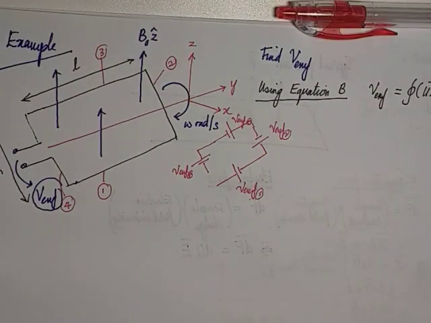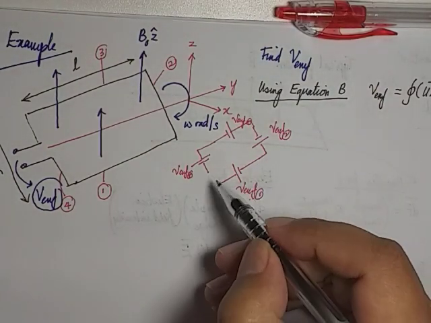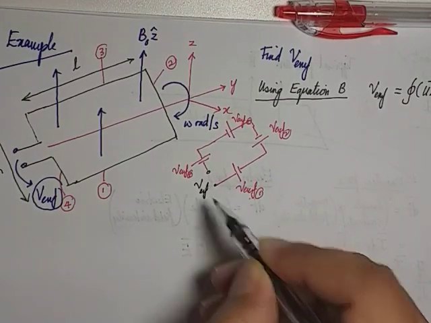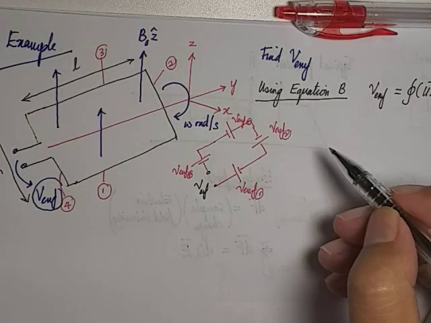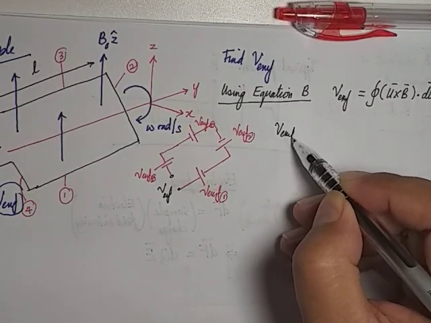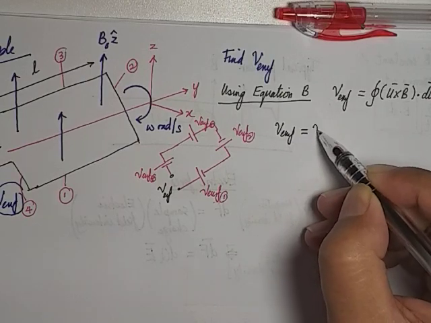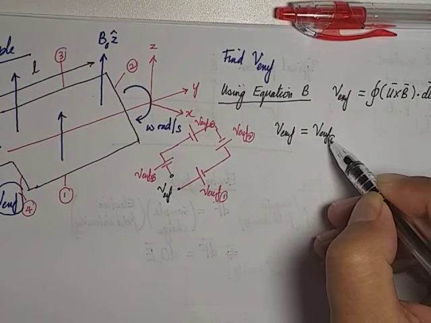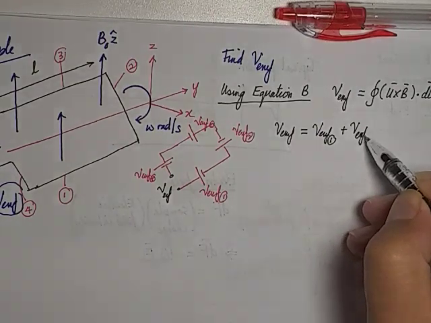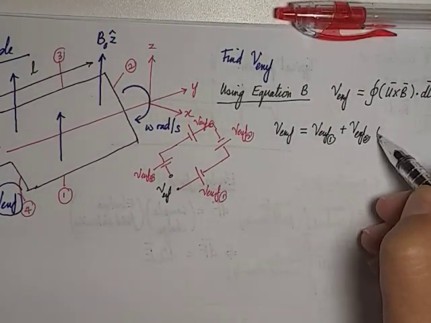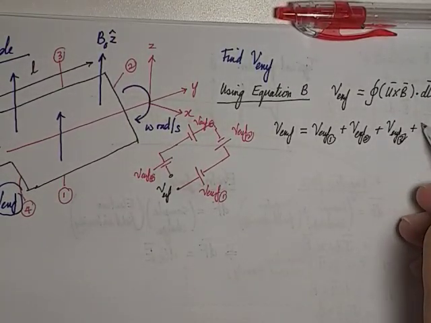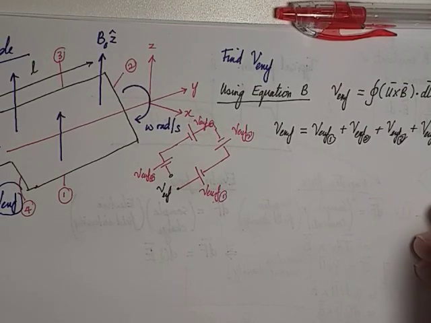So we can assume the structure is now becoming batteries connected in series. So the VEMF that needs to be solved here can be summarized such that VEMF equals VEMF of site number 1 plus induced EMF of site number 2 plus induced EMF of site number 3 plus induced EMF of site number 4.